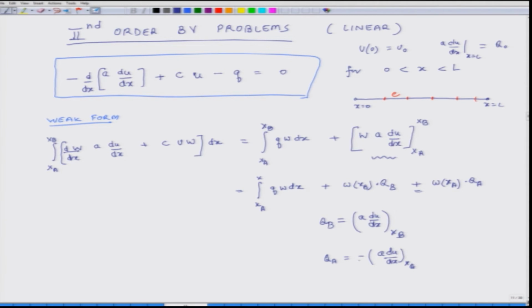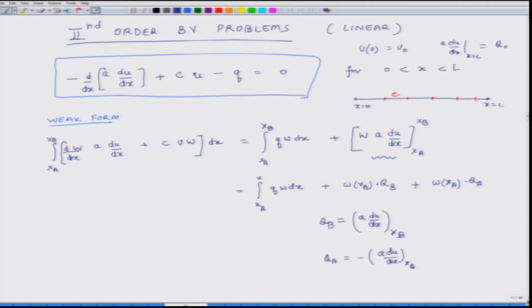If I had not defined it with this minus sign, then this positive sign would have been replaced by a negative sign. Okay. So, this is something important to note, because what it does is it keeps our bookkeeping a little easier, that is all.